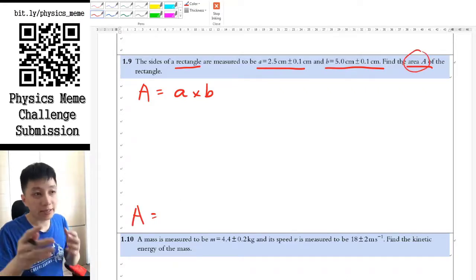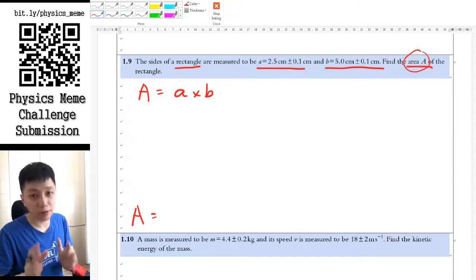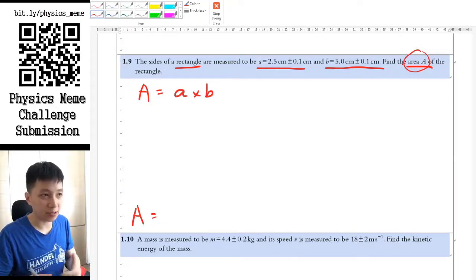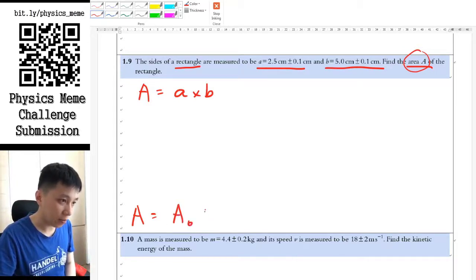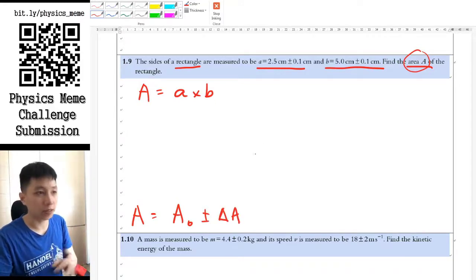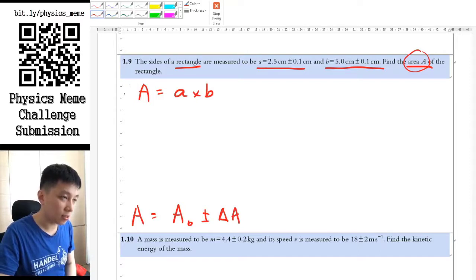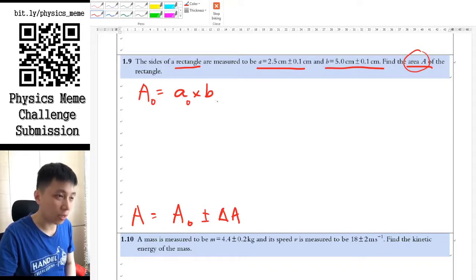area A. And in this case, again, it's not primary maths, right? We are doing IB physics. We are trying to do the error propagation. So we want to express the answer A as A_avg plus or minus delta A. So we have to find each of these. And since this is the equation, then the big A_avg will equal the small a_avg times b_avg, and that should equal 2.5.